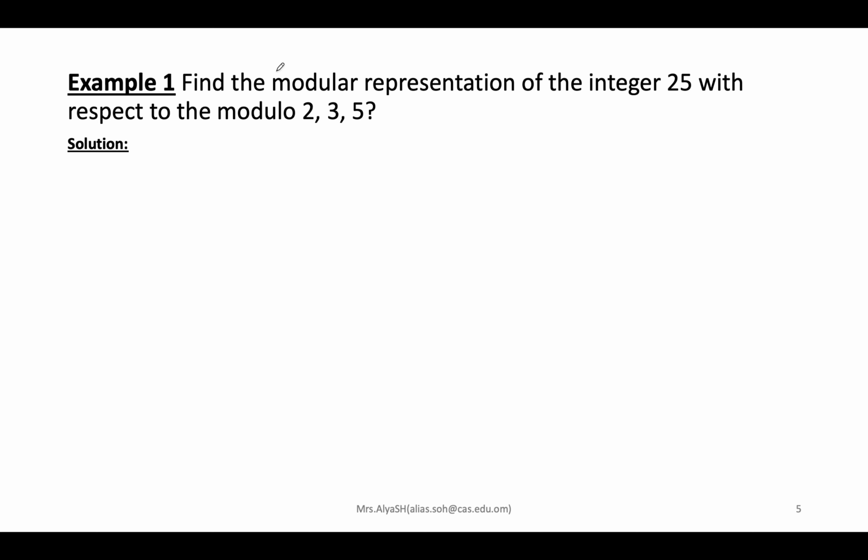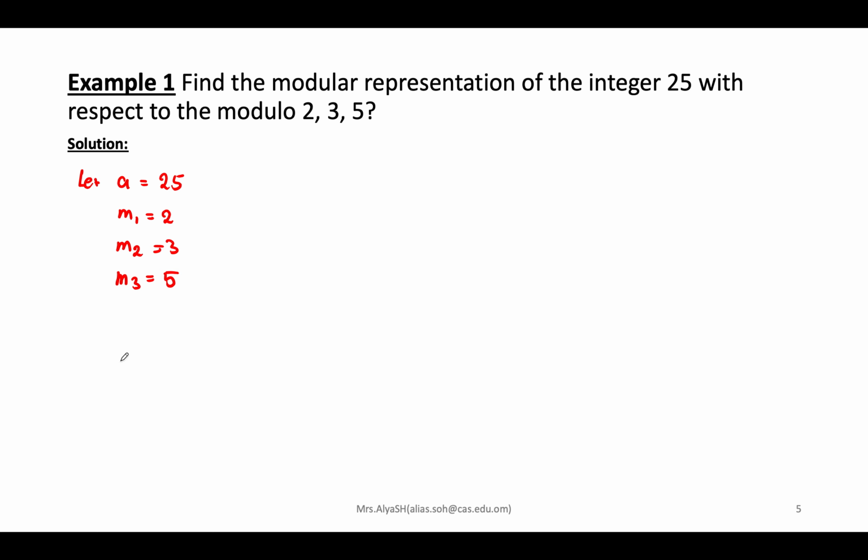Now here we need to find the modular representation of the integer 25 with respect to modulo 2, 3, and 5. So to do so, let's list all the information we have. Let a equal 25, m1 is 2, m2 is 3, and m3 is 5.